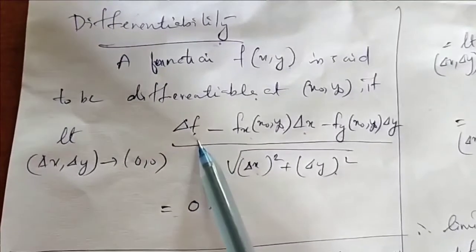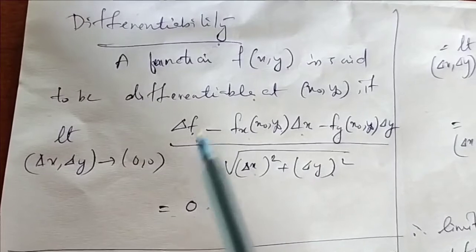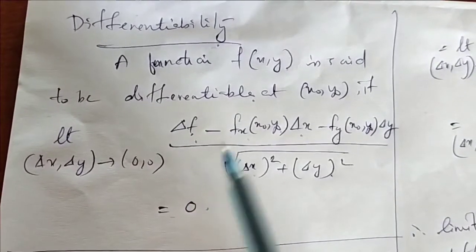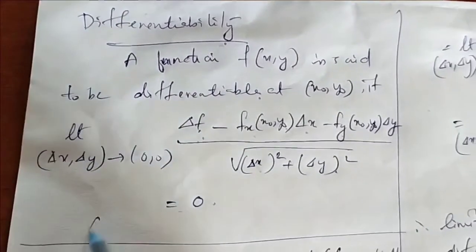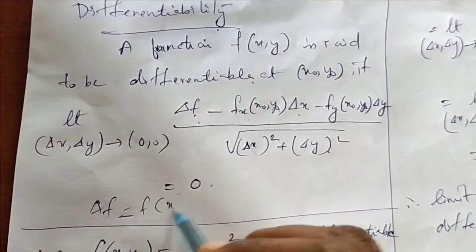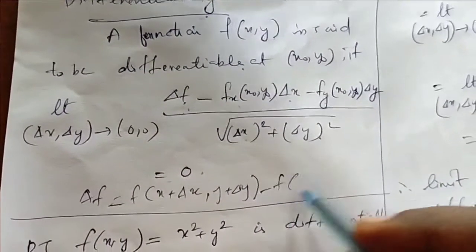So Δf is the change in f, that is f(x₀ + Δx, y₀ + Δy) minus f(x₀, y₀). Δf is f(x + Δx, y + Δy) minus f(x, y).